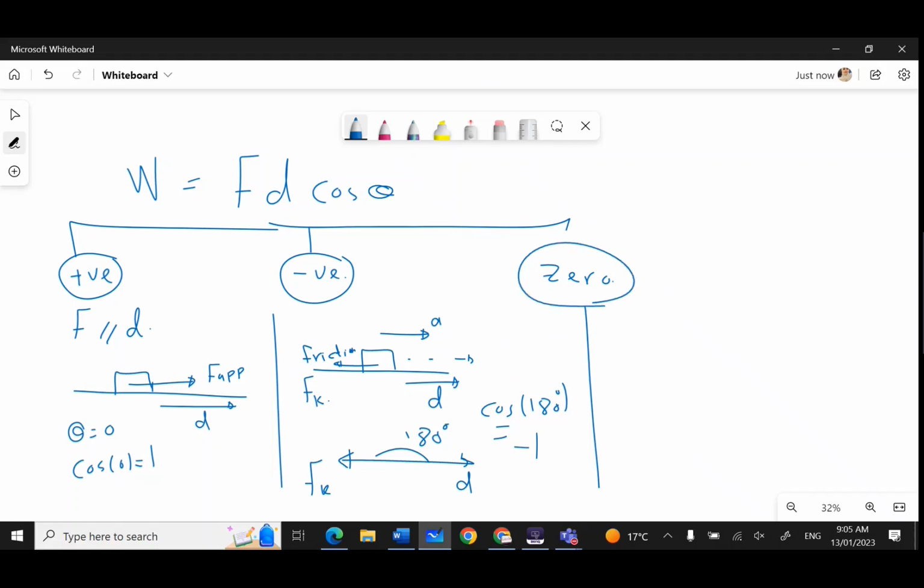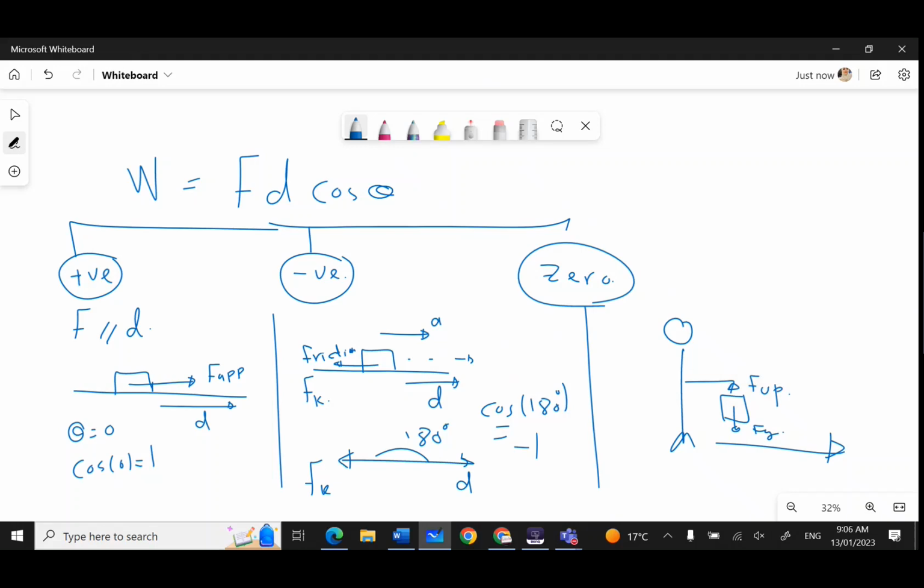Work is 0. Or I could hold my bag and walk. So this is me, now I'm holding my bag with my hands and I'm walking. So what are the forces that are being applied on my bag? I have the weight of the bag down and the applied force up when I'm holding the bag.